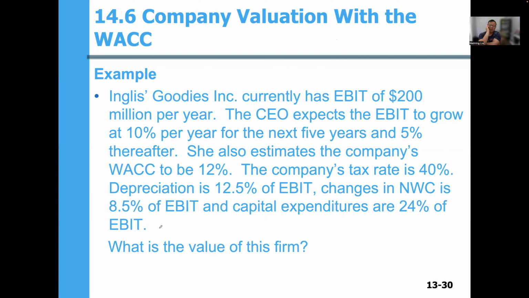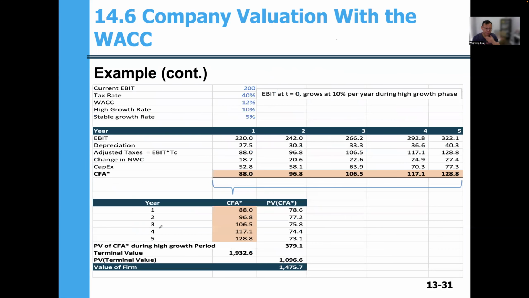She also estimates the company's WACC to be 12%. The company's tax rate is 40%. Depreciation is 12.5% of EBIT. Changes in net working capital is 8.5% of EBIT, and the capital expenditure is 24% of EBIT. What is the value of the firm? Okay.